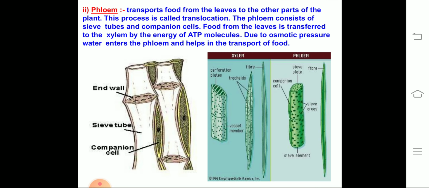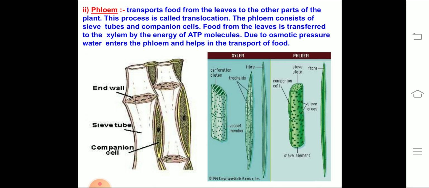Now the food prepared by the leaves is transported or distributed by the phloem. But the phloem distributes this food with the help of energy. It requires energy, meaning it uses the active transport method, and the sieve tubes and companion cells of phloem help in this.